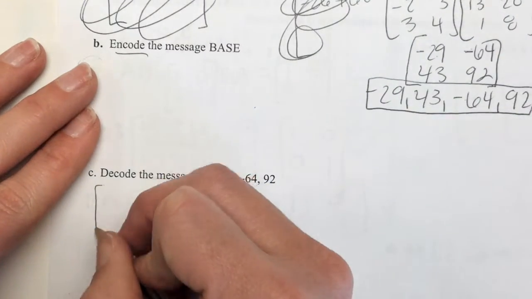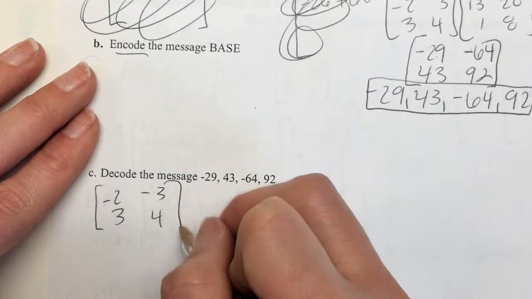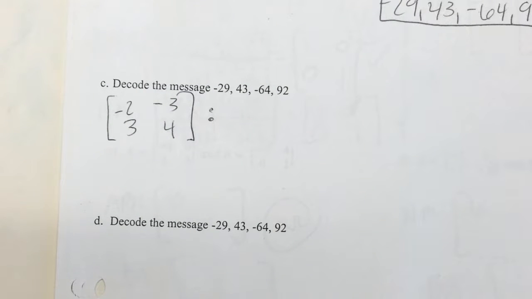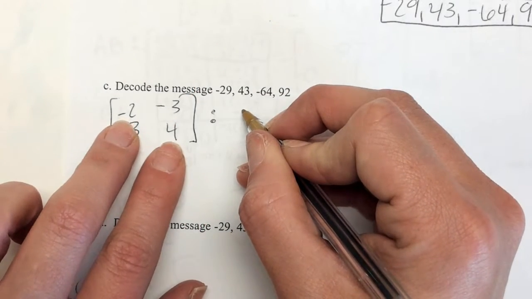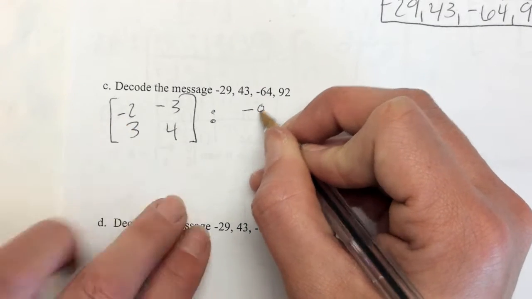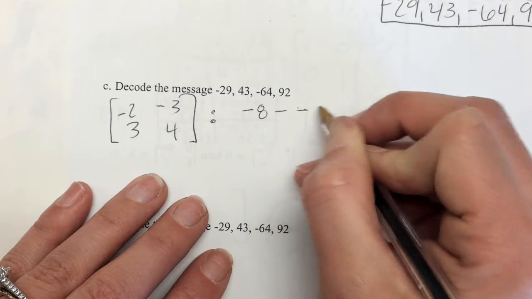Okay, so I'm going to write the coding matrix down here so I don't have to keep going back up. And we're finding the inverse of it. To find the inverse, we start by finding what? What's it called? Good. So the determinant would be negative 8 minus... Good.